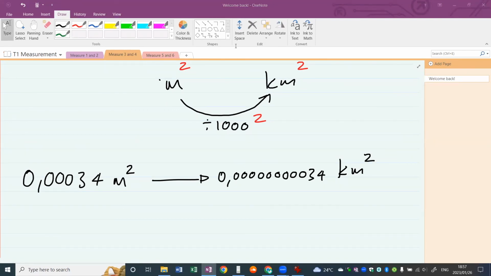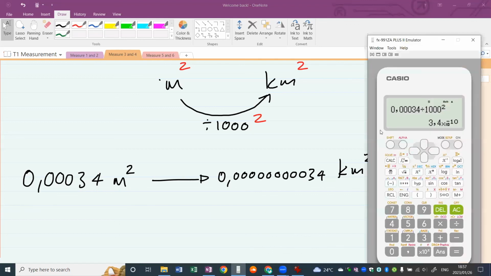Oh, on the calculator. Because this number is so small, it can't actually fit on the calculator screen. So the calculator is saying we don't have enough zeros, so it's showing it in scientific notation. It's just a fancy way for the calculator to show too many zeros to fit the screen.